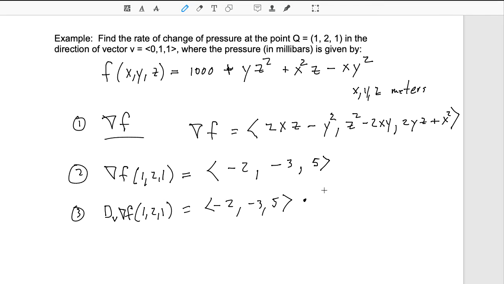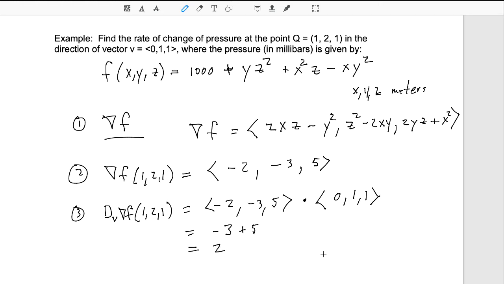And then this is just going to give us the rate of change in this specific direction. So we have negative 2 times 0 is 0. Negative 3 times 1 is negative 3. And 5 times 1 is 5, which gives us a 2.